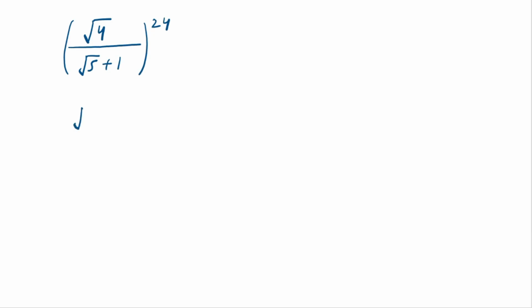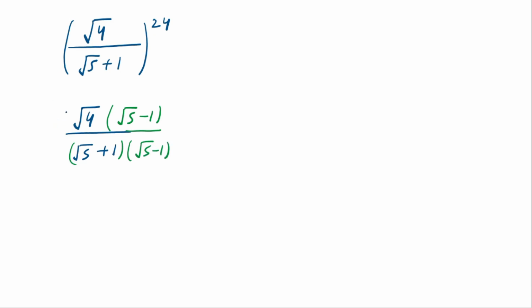Now square root of 4 divide by square root of 5 plus 1. Here we will apply rationalization, then in numerator is multiplied by square root of 5 minus 1 and in denominator is also multiplied by square root of 5 minus 1.